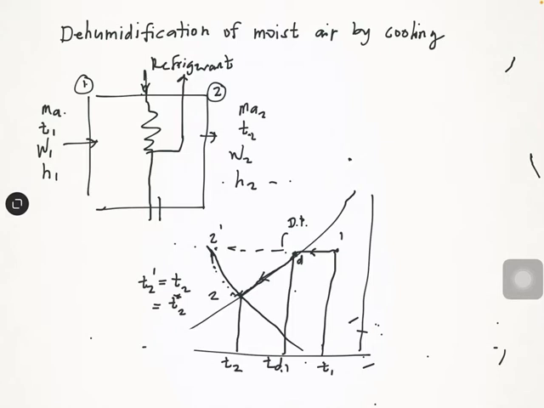Okay, so in here we have the humidity ratio 1, and in the horizontal line this is our humidity ratio 2, and this is our dry bulb temperature.